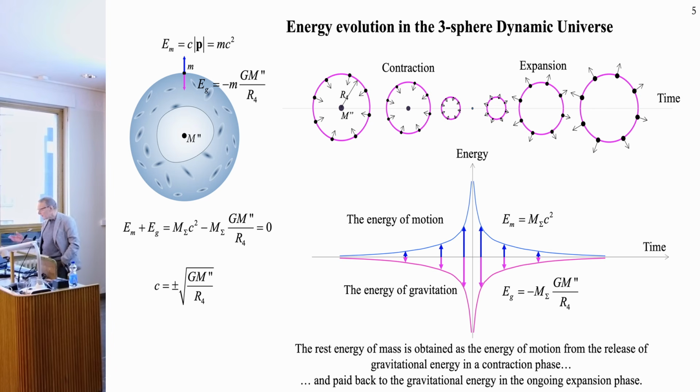So it means, as stated already, that the rest energy of mass is obtained as the energy of motion from the release of gravitational energy in the contraction phase, and it's now paid back to the gravitational energy in the ongoing expansion phase.